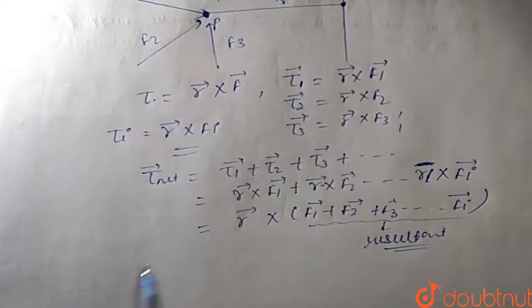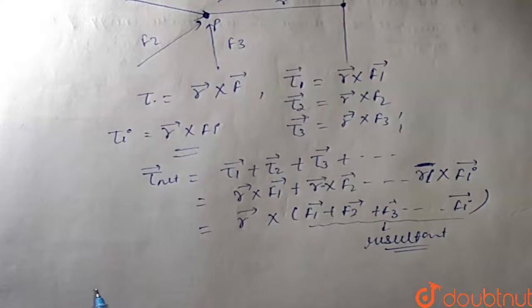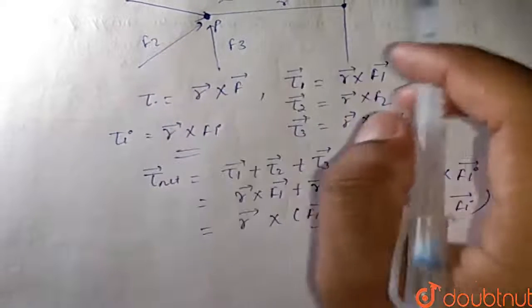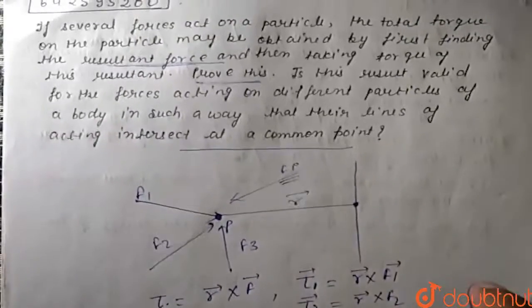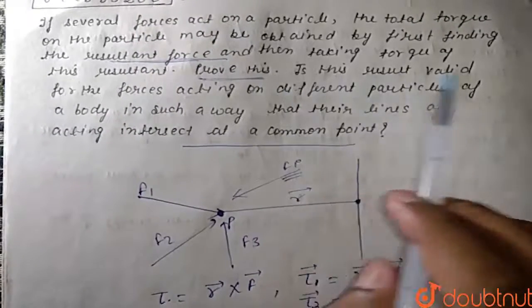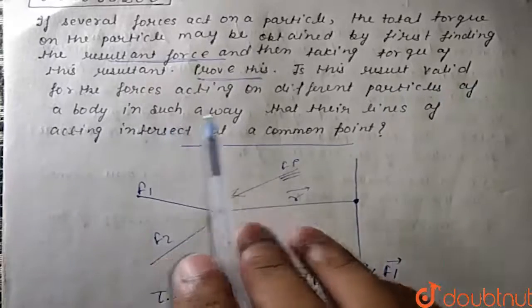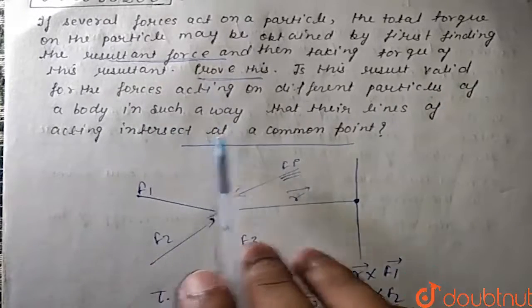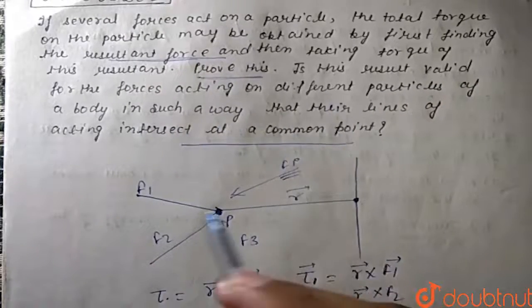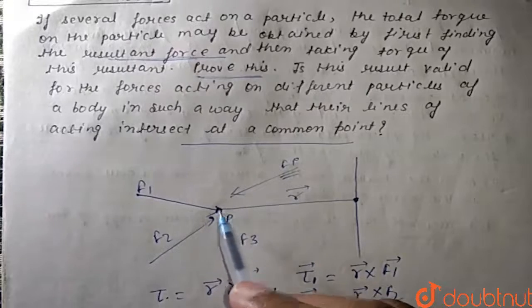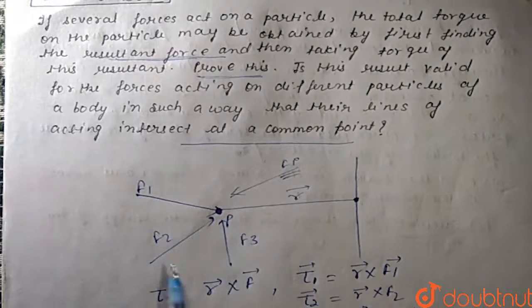Now the second part is saying, is this result valid for the forces acting on different particles of a body in such a way that their lines of action intersect at a common point? Here at a single point all the forces were acting.